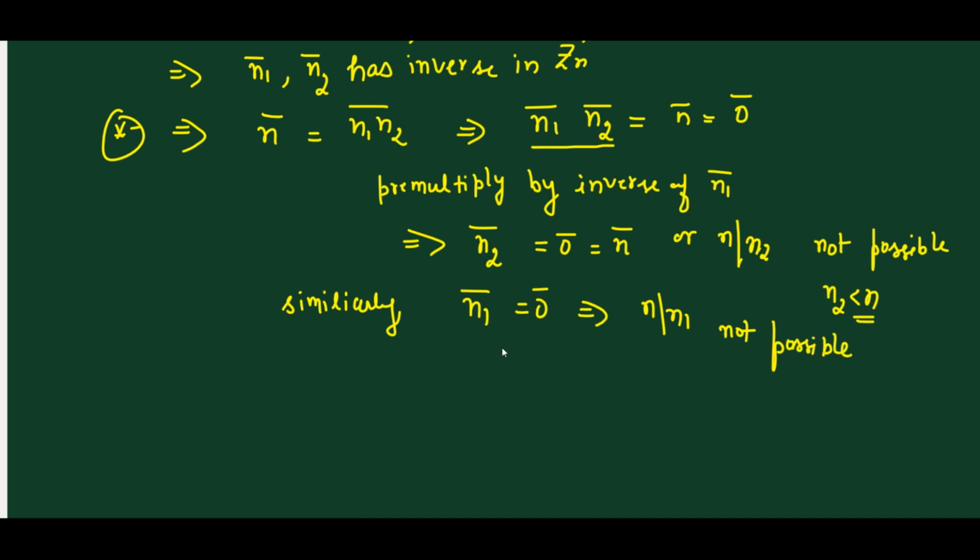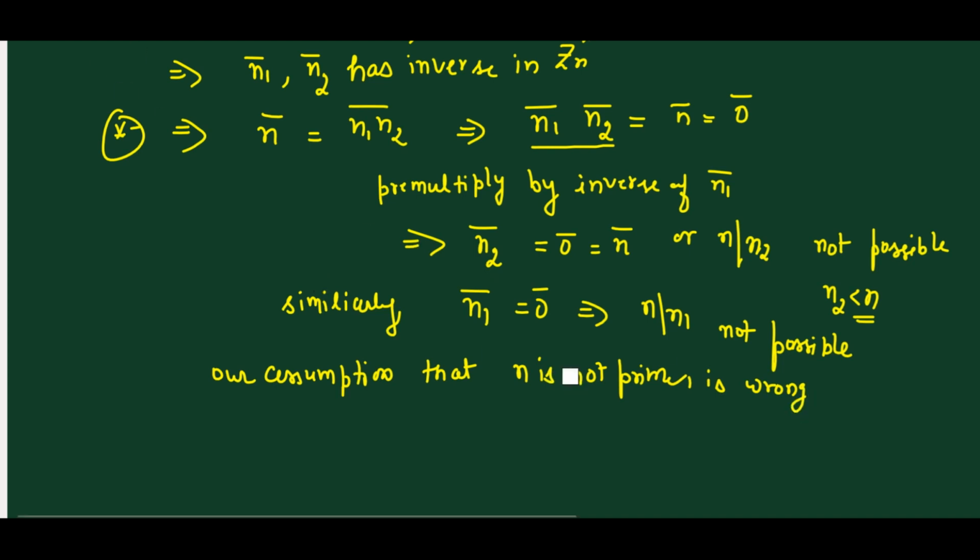Both these contradictions prove that our assumption that n is not prime is wrong. So our assumption is wrong. So n must be composite, sorry, n must be prime.